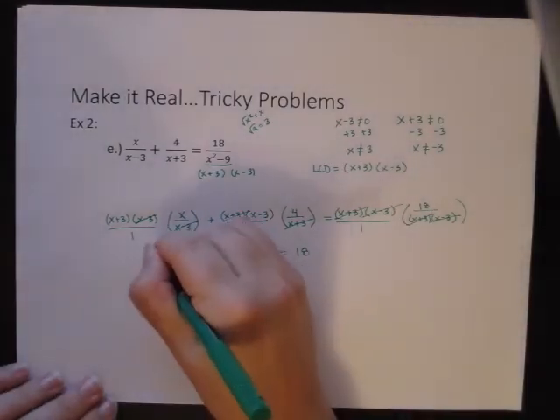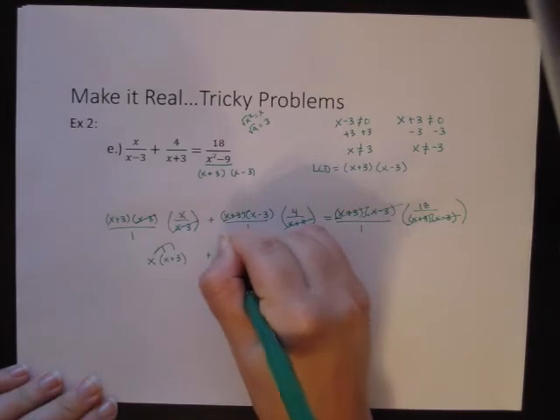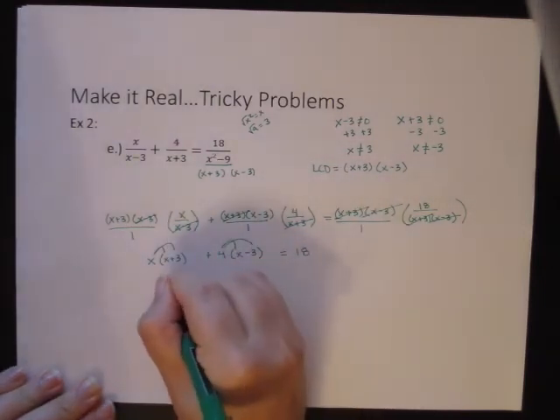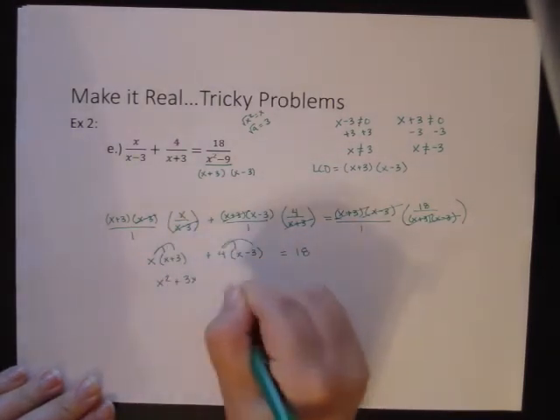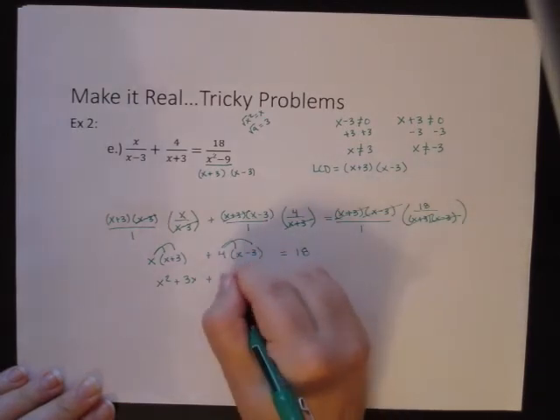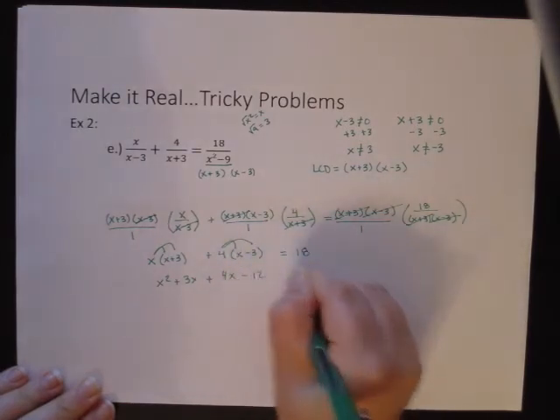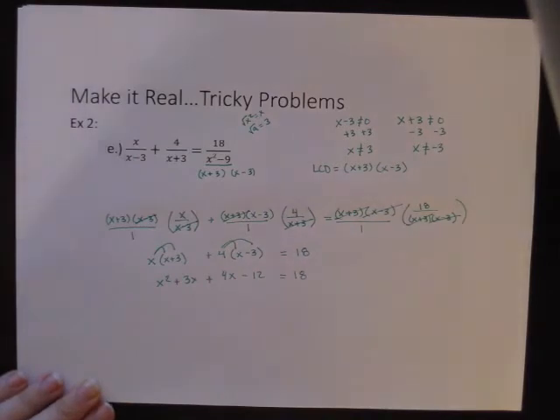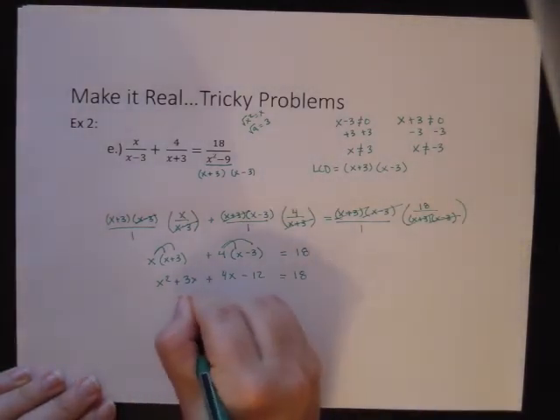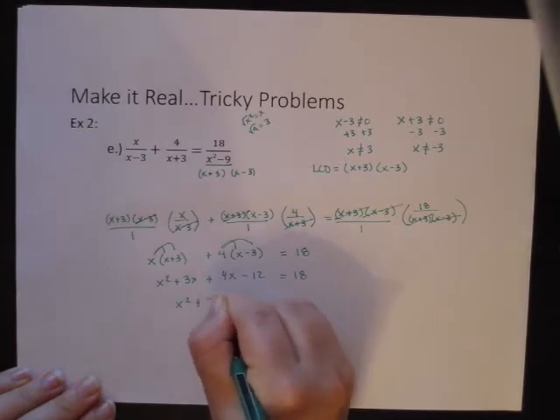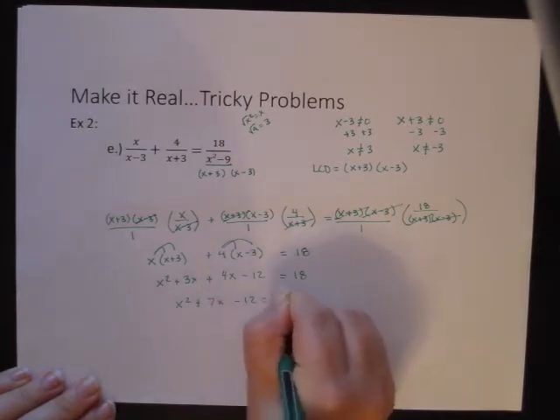So in order to solve, I've got to distribute the x, I've got to distribute the 4. So x times x is x squared, plus 3x, plus 4 times x is 4x, minus 12, equals 18. Alright, combine our like terms, so we got x squared plus 7x minus 12 equals 18.